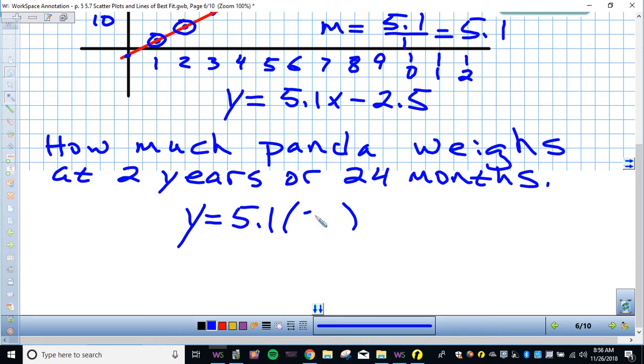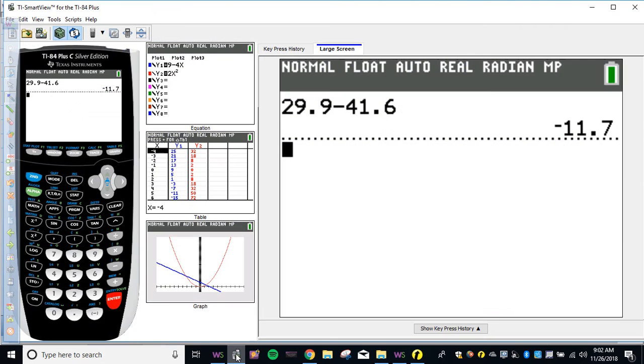This is where my 24 goes, and then minus 2.5. So the whole point of writing that equation is now we can plug in any number and figure out how much the panda should weigh. So 5.1 times 24 minus 2.5.